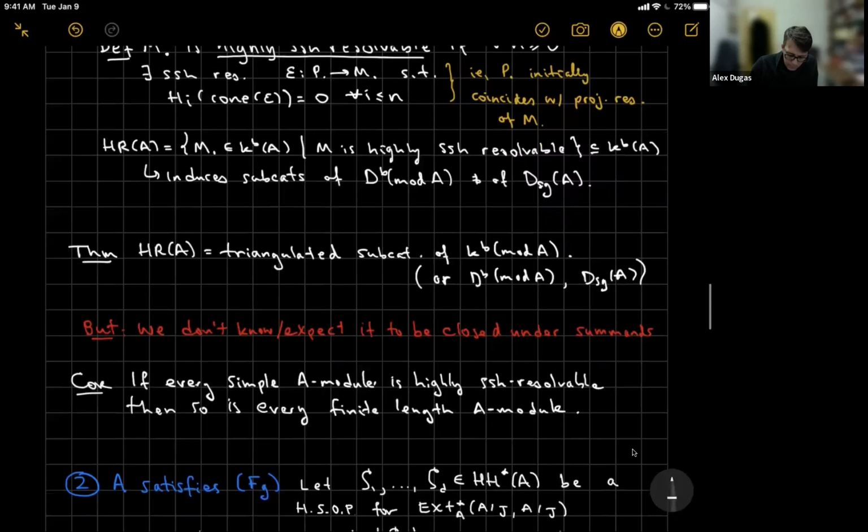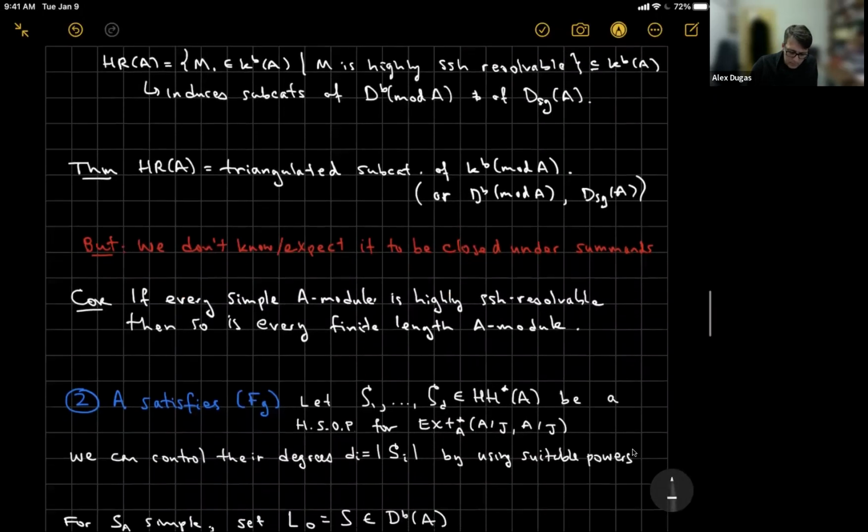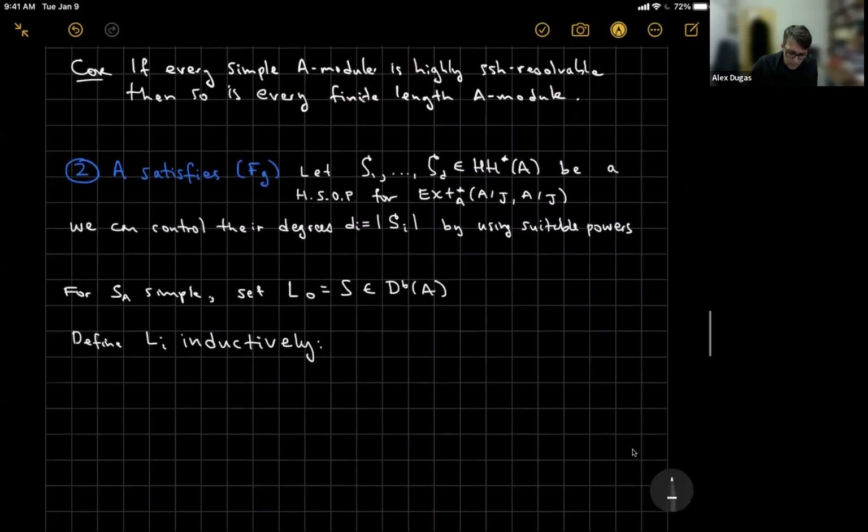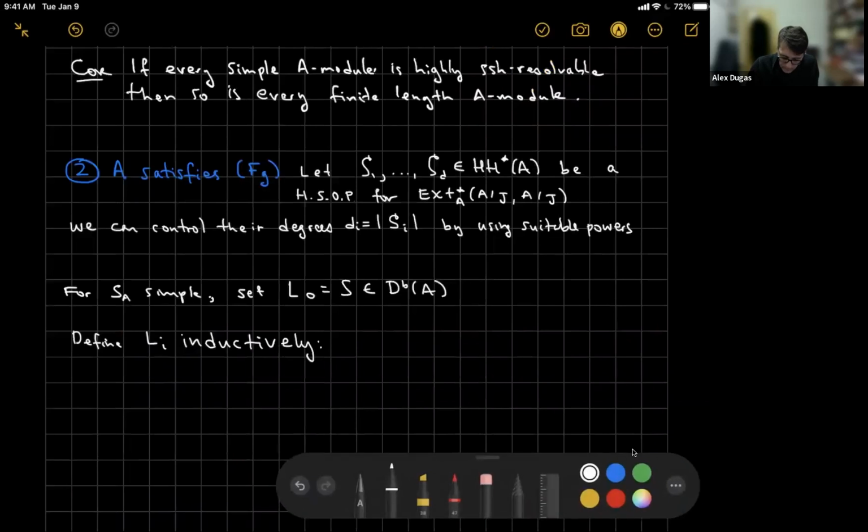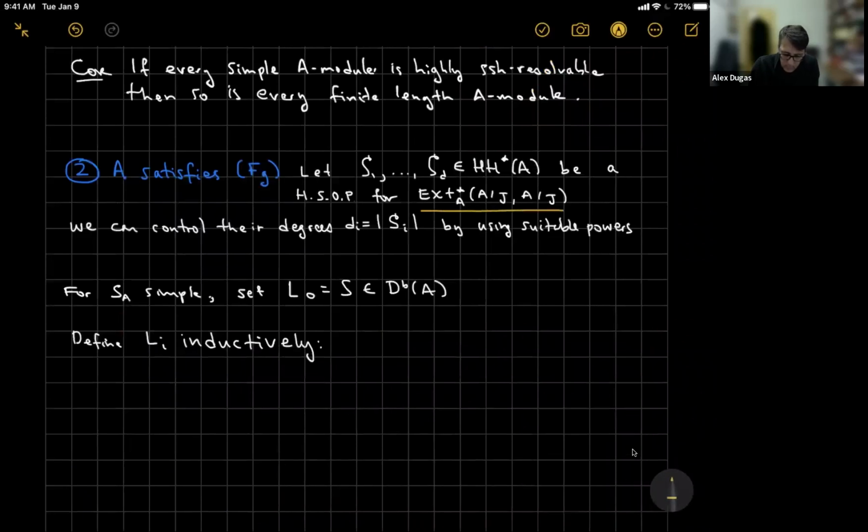So first, when we have an algebra satisfying the FG condition, we know that our Ext star of A mod J with itself is finitely generated over the Hochschild cohomology.